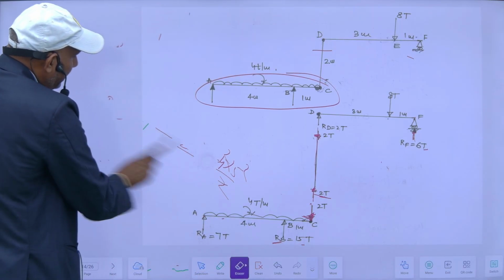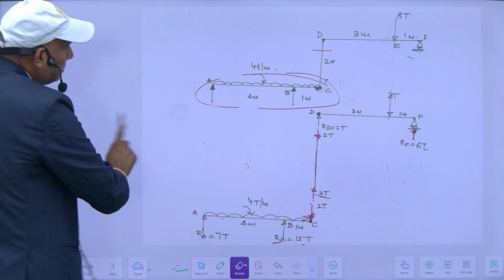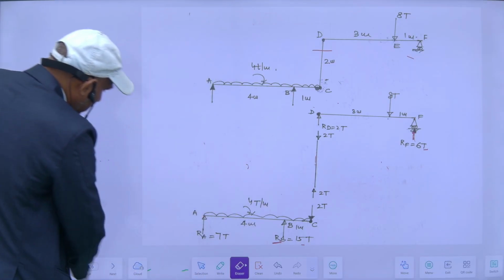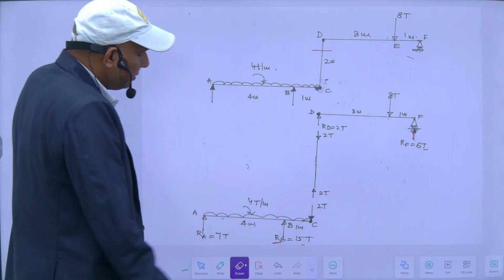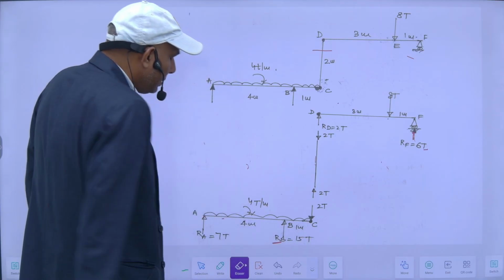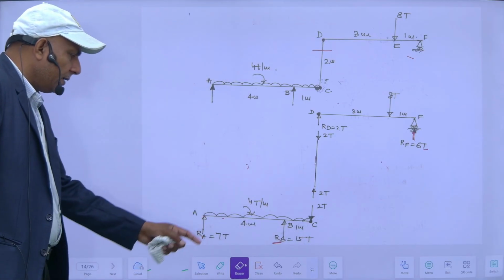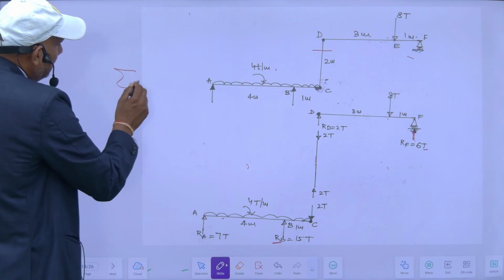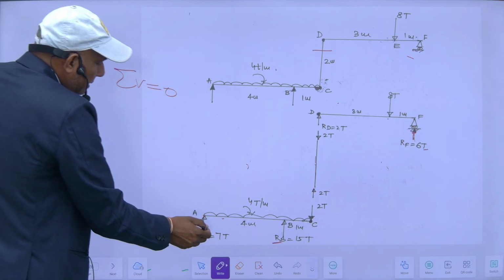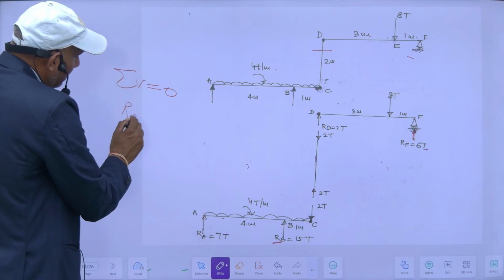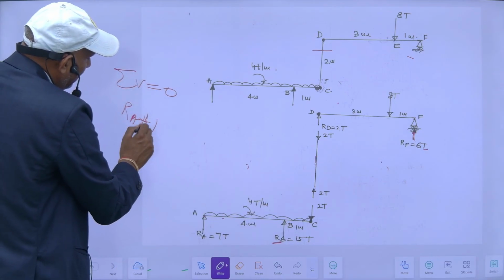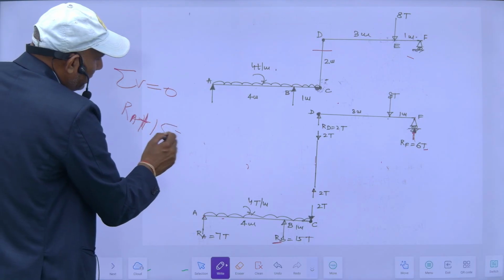So this is 15 ton reaction here, RB, and RA I can find because for sigma V is equal to 0. So RA plus this 15, these are vertical upward, should be equal to the total load.